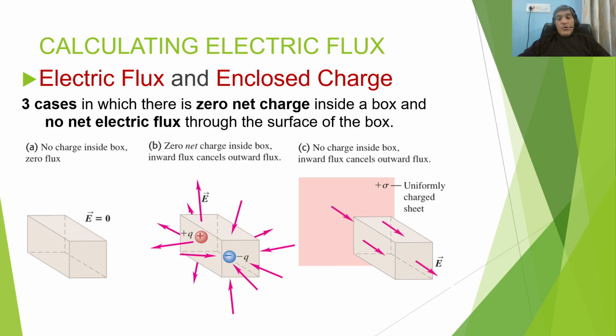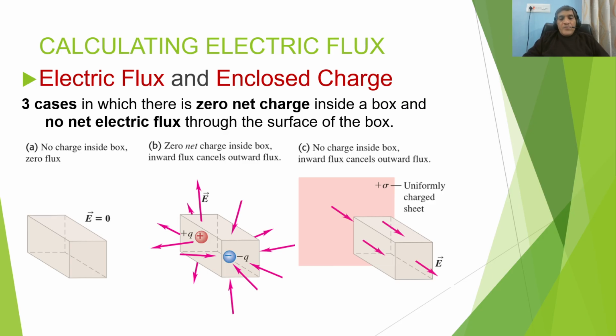The answer is zero, but the reason is different. In the first case, we don't have any charge enclosed. If the charge enclosed by the surface is zero, the flux is zero. No more need to discuss.